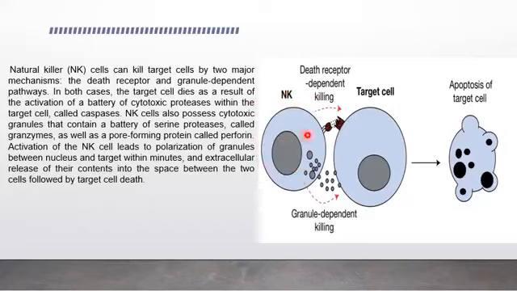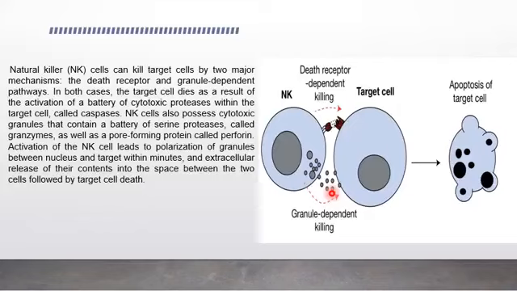Natural killer cells have receptors involved in death receptor dependent killing. These receptors recognize an antigen expressed on the target cells, which leads to activation and the release of cytotoxic granules.